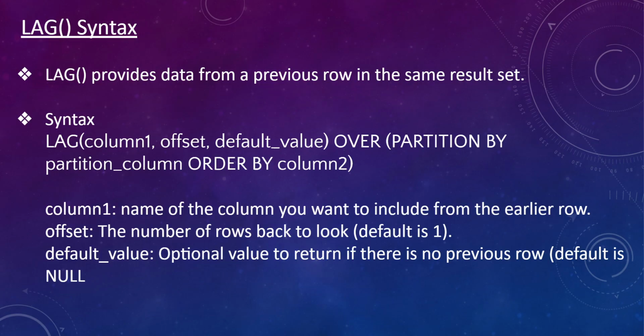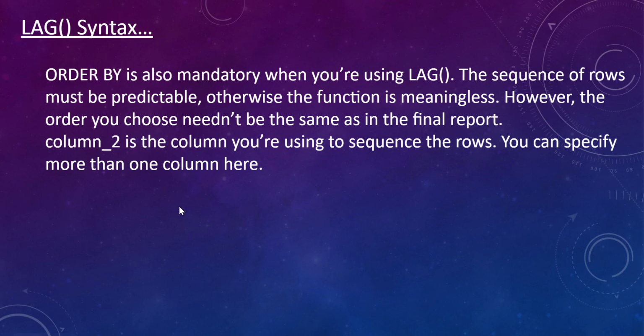Then default value. For example, if you take the first row, there is no row prior to that row because that is the first row. So by default in the final output you will see null, but you may not want null in your final result set. So you can mention any default value. For example, you can put 0. If there is nothing, you can ask SQL to give 0 in the final output. This is what we can mention in default value.